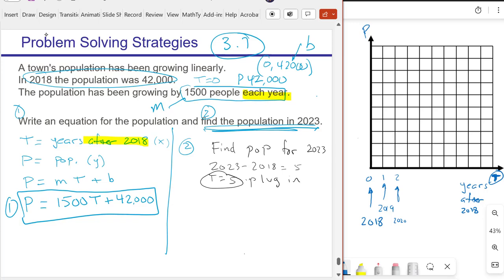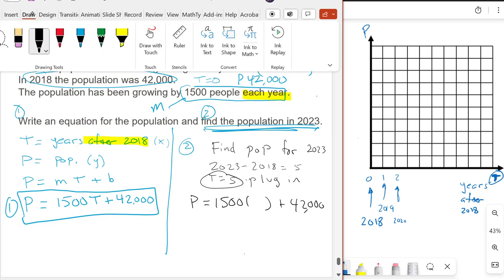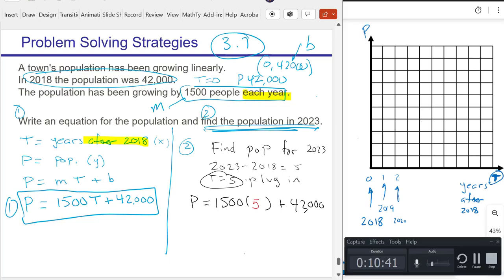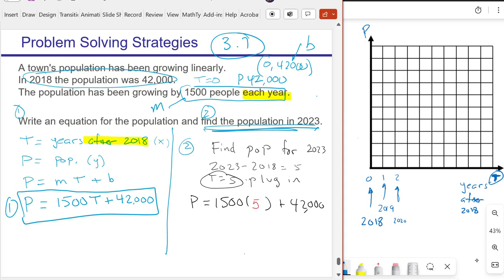So we'll be able to go P equals 1,500 times t plus 42,000. And I'm going to plug in 5. Now, plug in the calculator, do the math, and we find out the population. Let's go back to black for that.